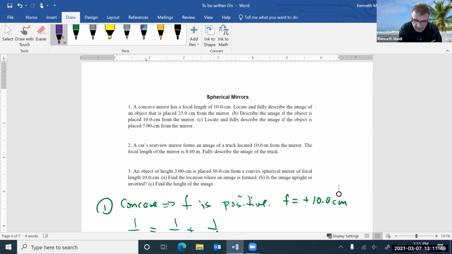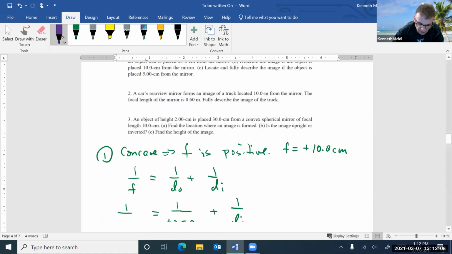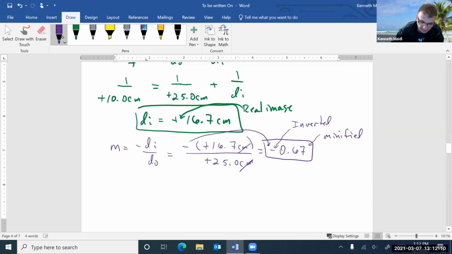So I have the first option where the object is outside of the focal point. Part B, it looks like it's right on the focal point, and then part C looks like it's actually on the inside of the focal distance. And so it looks like they want us to solve those. And so, okay, let's go ahead and do that here.